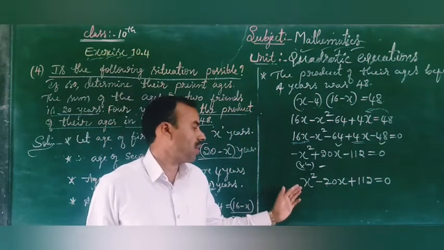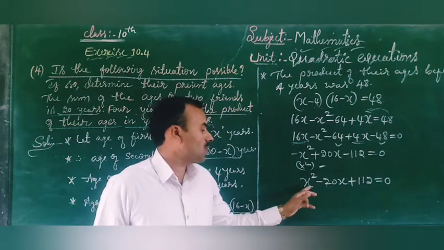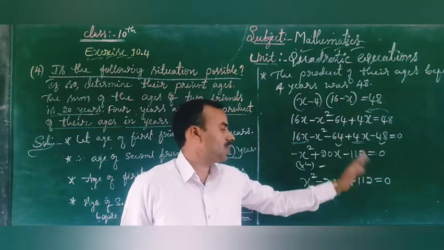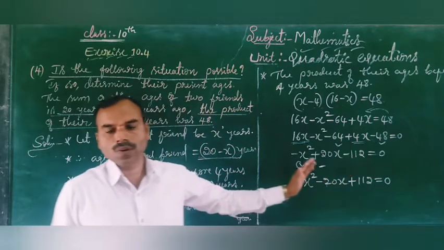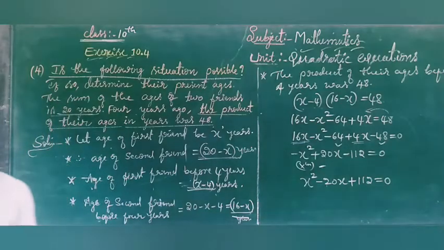This is of the form ax square plus bx plus c equals 0. x square minus 20x plus 112 equals 0 is a quadratic equation.